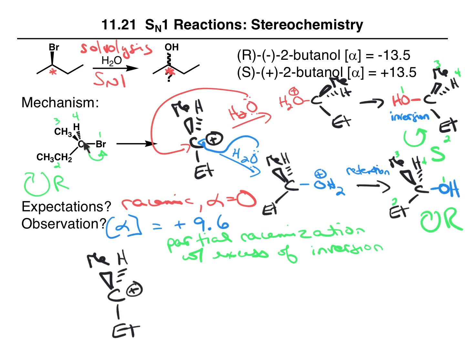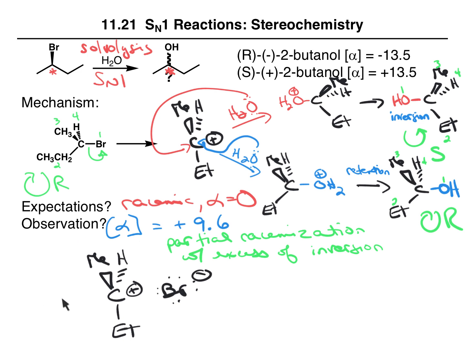So once our leaving group leaves, it is going to be, let's say, over here, and it will be diffusing away. But depending on how long it takes between when the leaving group leaves and when the nucleophile adds, this leaving group might be kind of blocking this face.